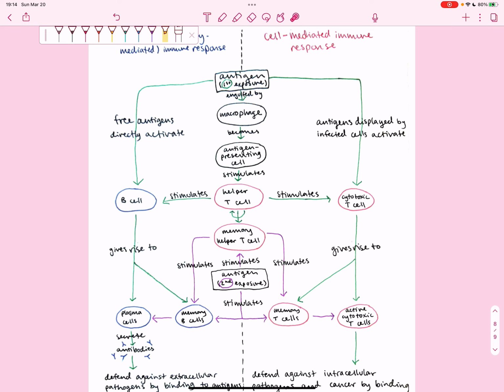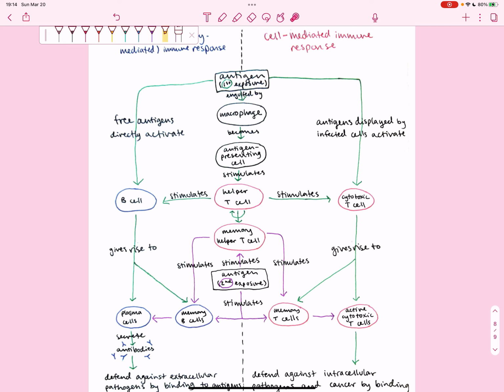Before I get into that, your B cells will give rise to two things: plasma cells, which secrete the bad boy antibodies that you'll need for several reasons, as previously explained. And they also give rise to memory B cells, which also come into play in that second exposure to an antigen. Cytotoxic T-cells over here give rise to memory T-cells, and they also give rise to active cytotoxic T-cells.